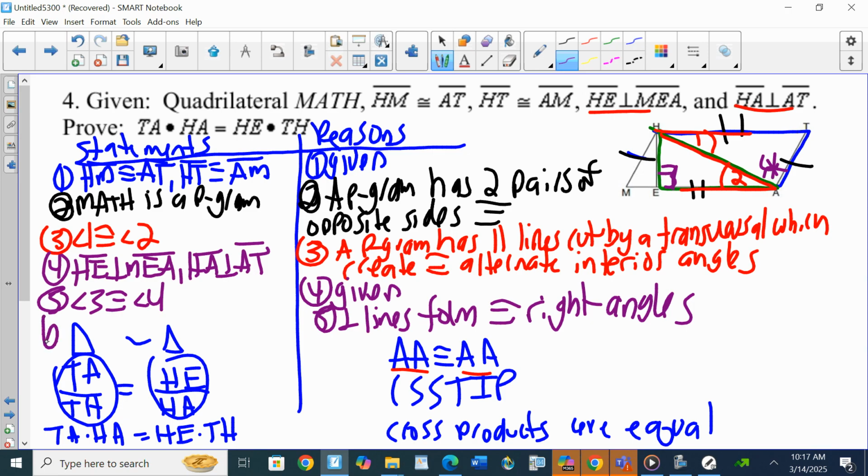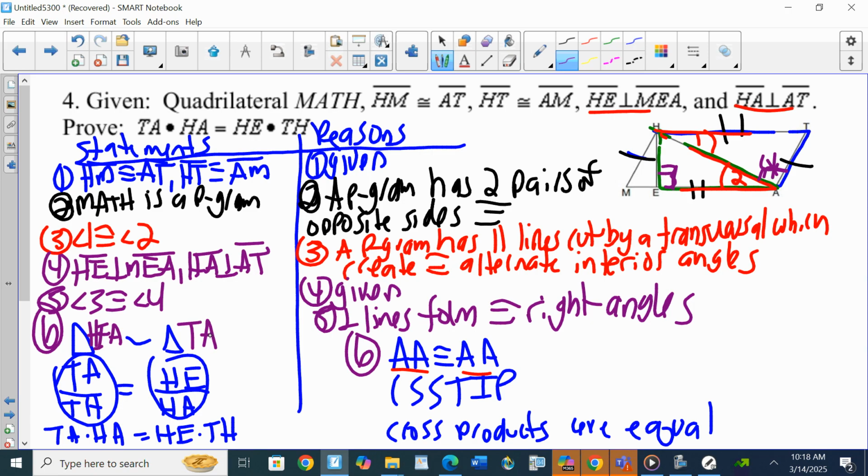I'm done. Now again, I have to fill in these letters for the triangles. It doesn't matter how I name the first one. So I'm going to go HEA. If I go HEA, what corresponds to H? Well, T does. How do I know that? Well, H is blank in the green triangle, and so is T. So that's why H and T correspond. E is the right angle, A is the right angle, so E and A correspond.